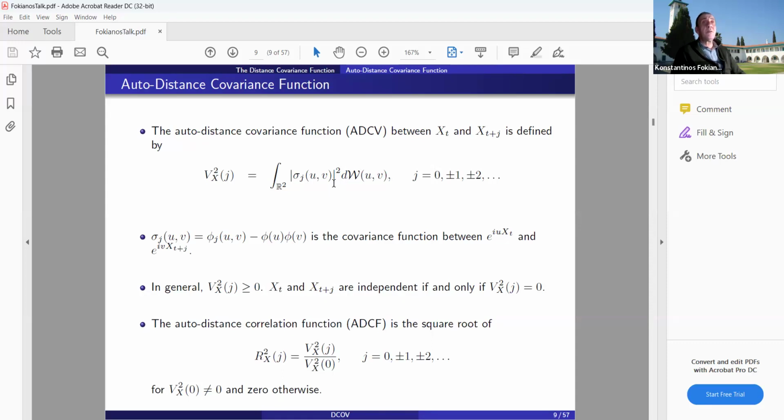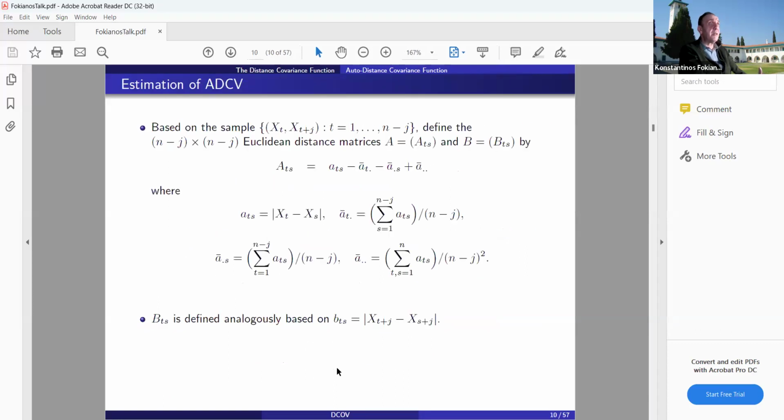Similarly, you can define the auto-distance correlation function by taking the autocovariance function divided by the distance variance function. This is very well defined. It exists because we deal with characteristic functions. There are no surprises. We just need to find a way to estimate it and to see what it's doing.